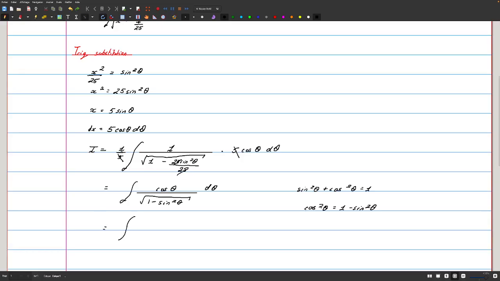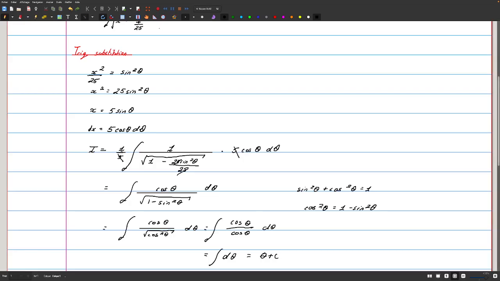So we'll just have over here cosine theta over the square root of cosine squared of theta. Obviously you can just skip this step if you see it quickly. I'm just explaining it so we really take it step by step. Which gives us cosine theta over cosine theta d theta, which gives us the integral of d theta, and the integral of just d theta is theta plus c.